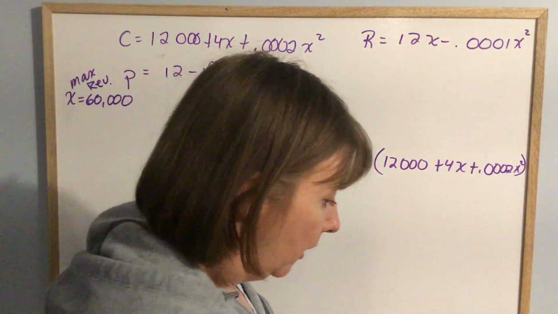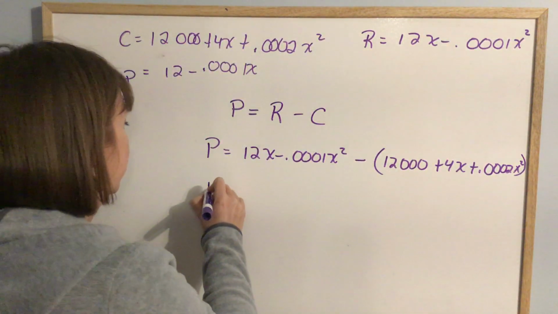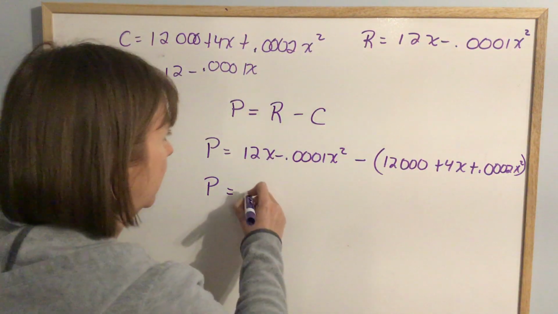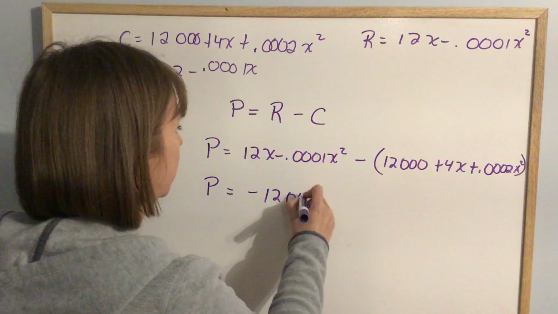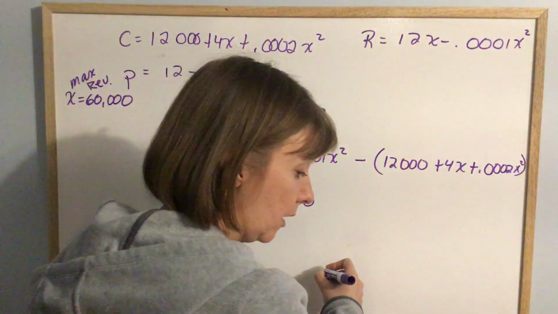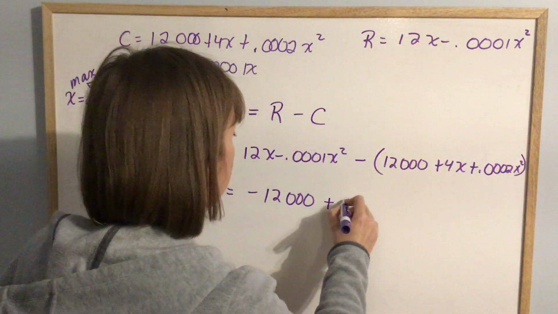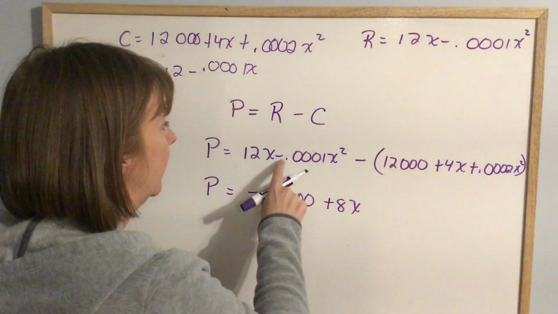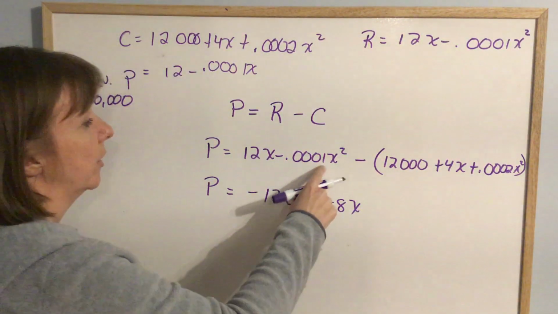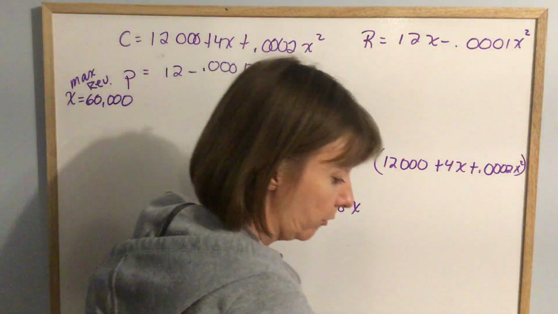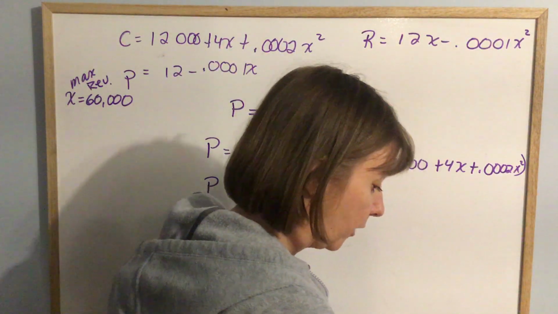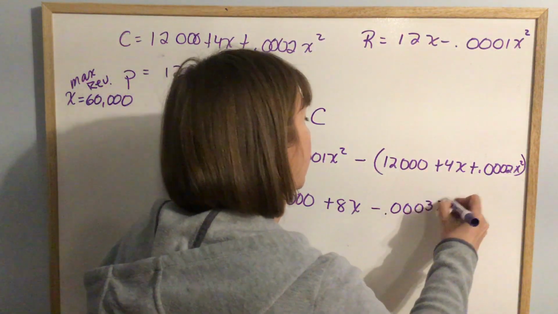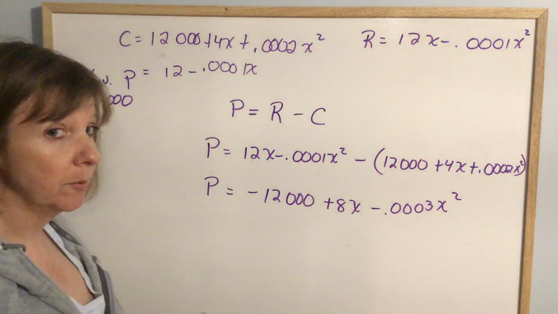Remember I'm subtracting these, so my profit is negative 12,000 plus 8x, because I have 12x minus 4x, minus 0.0003x squared. That's my formula for profit.